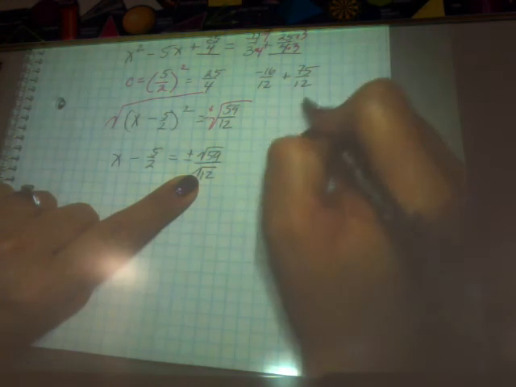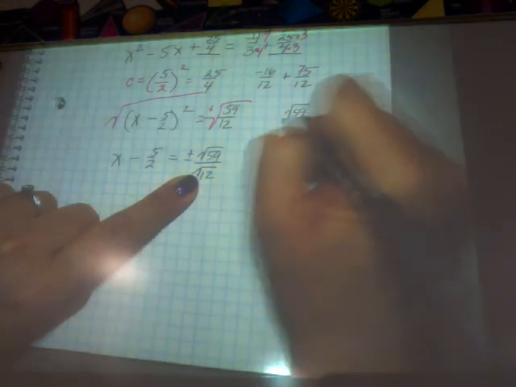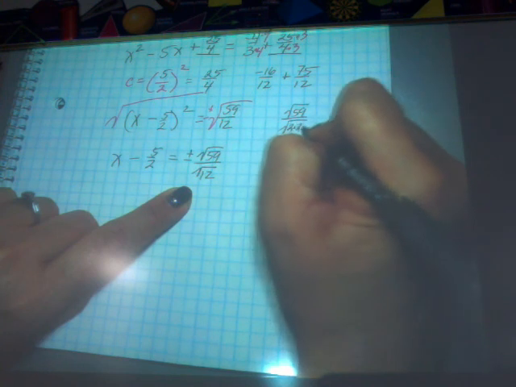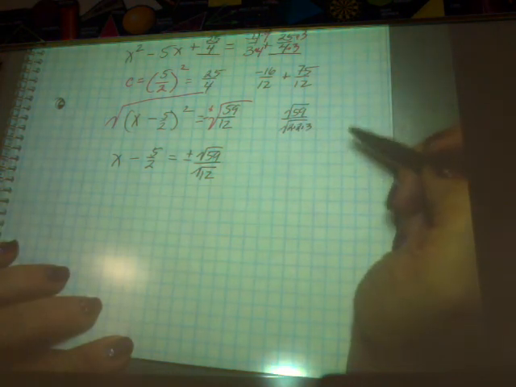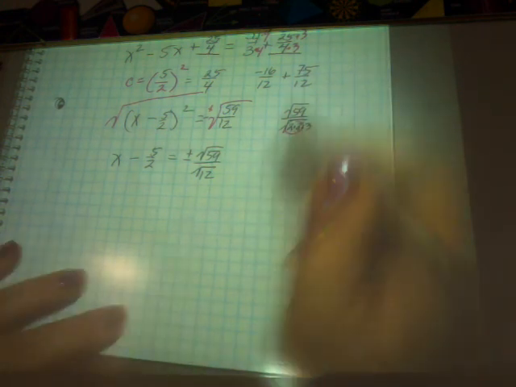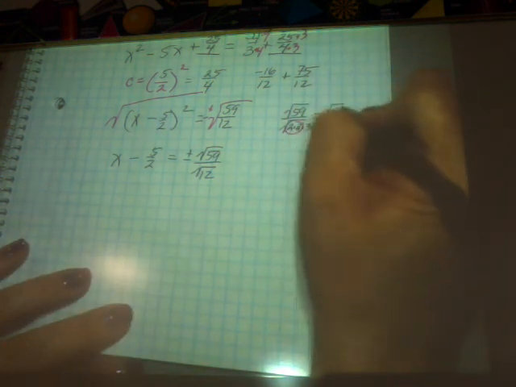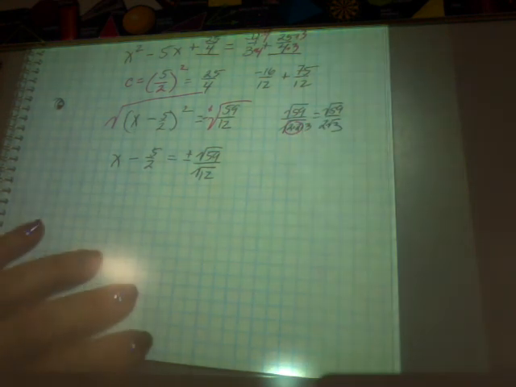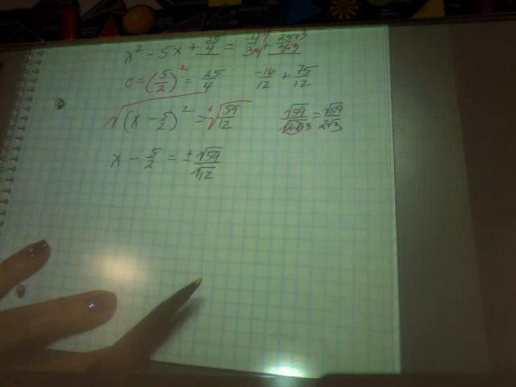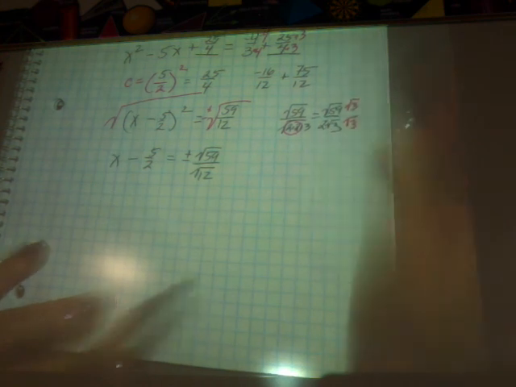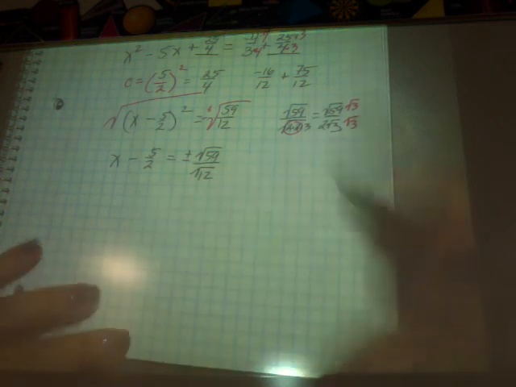So off to the side over here, we've got the square root of 59 over the square root of, isn't 12 2 times 2 times 3? So what can I pull out? A set of 2's. So I really have the square root of 59 over 2 rad 3. How do you rationalize? Multiply by just a rad 3. I don't need to multiply by the 2 because that can be in the denominator, just not the radical 3.